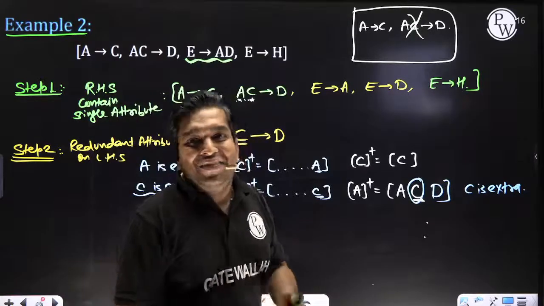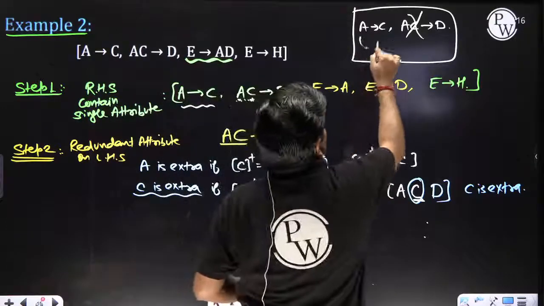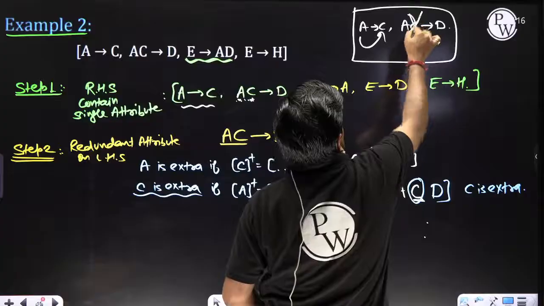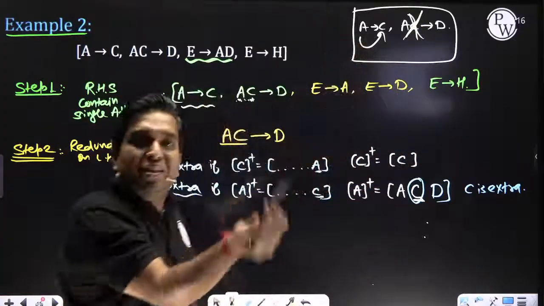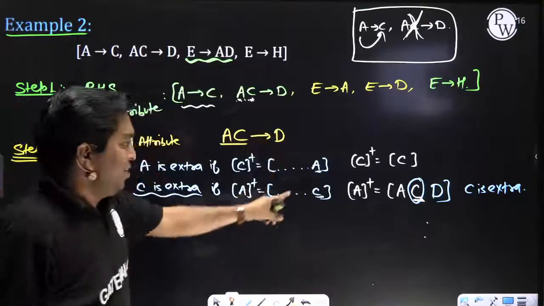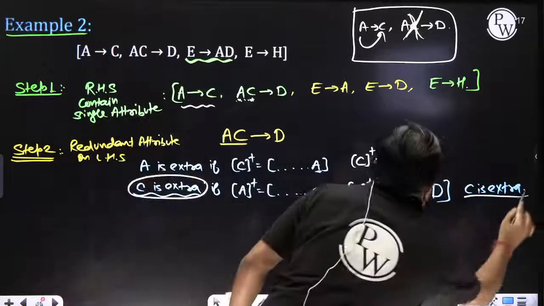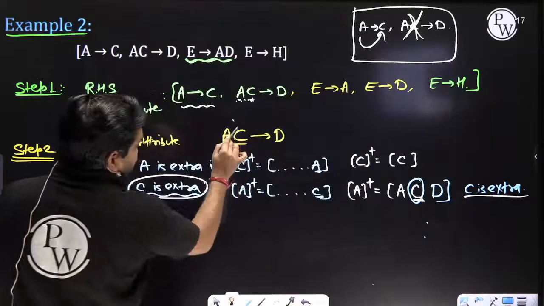My dear, when you are getting C from A, then there is no need of C here. You can calculate it with the help of A anytime. Clear? So here C is an extra attribute.